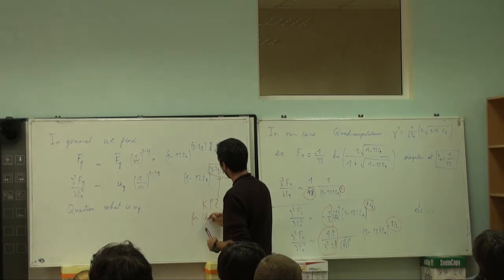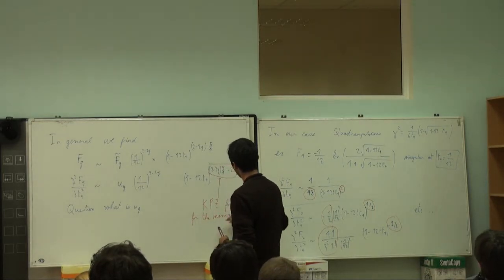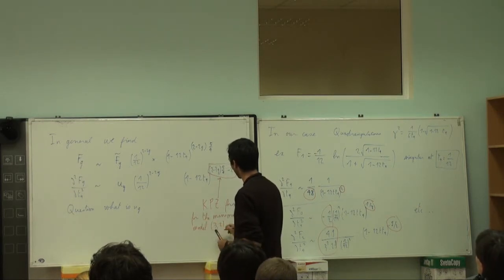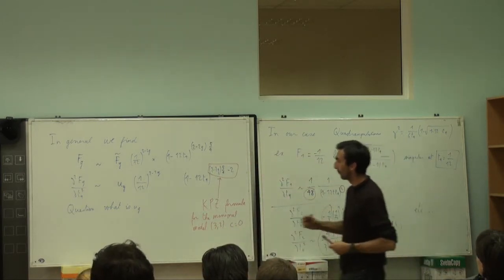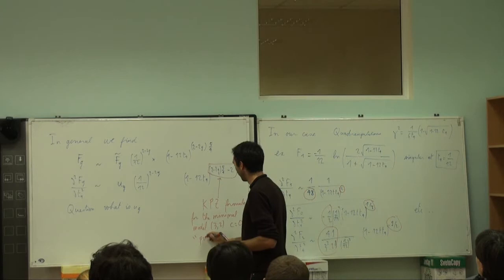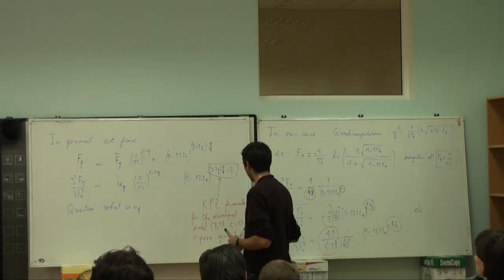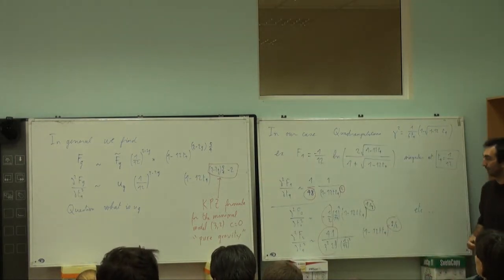For the minimal model (3,2), which has central charge c equals 0, and which is called pure gravity, in fact, this is the 5/4 which is relevant.